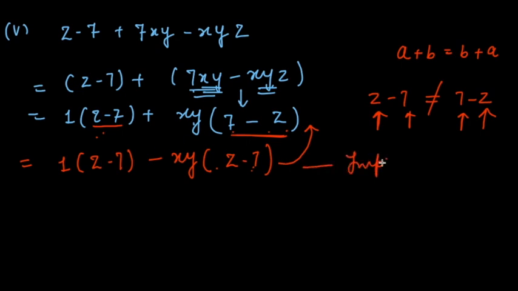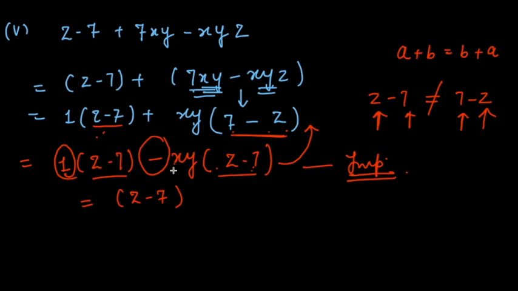That's one area where students make very silly mistakes. So if you are getting the same numbers but the signs inside the brackets are reversed, please make sure that you take minus common to convert them. Now you see you are getting the same z minus 7 and z minus 7. So I take it common. What I am left with is 1 minus xy, that is going to be the second factor of the given expression.